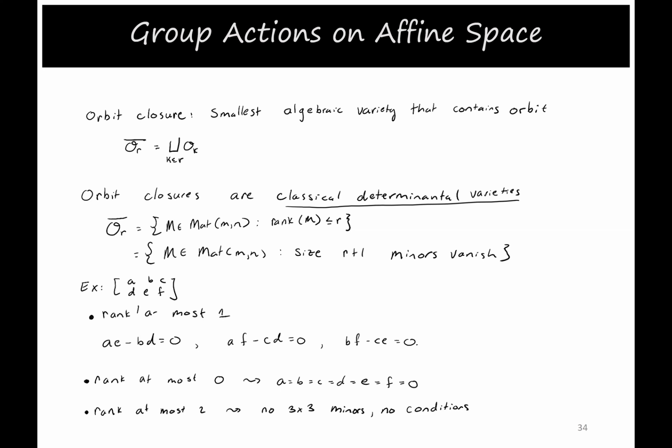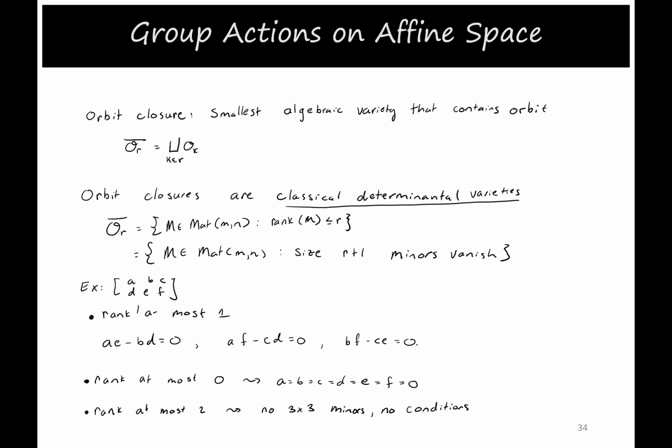And why determinantal? Well, if we specify that we have something of rank at most a number, that's equivalent to saying if I look at all the R+1 size matrix minors, they vanish.